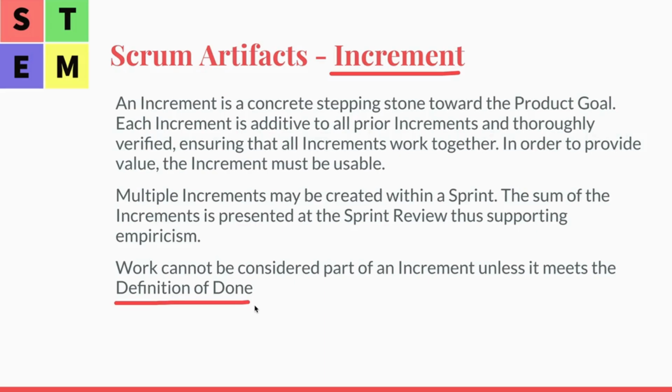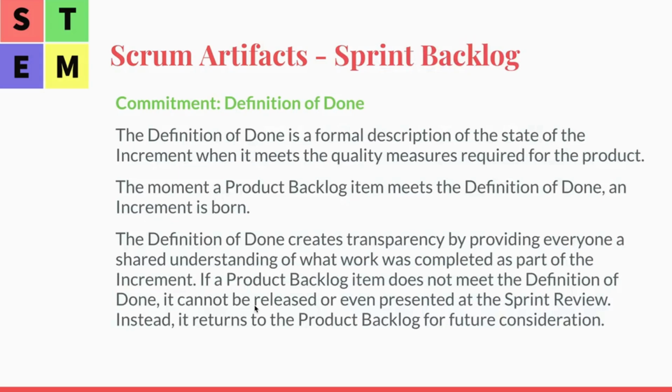Okay, so we need to talk about the definition of done. All right, so the definition of done is a formal description of the state of the increment when it meets the quality measures required for the product. Okay, the moment a product backlog item meets the definition of done, an increment is born.